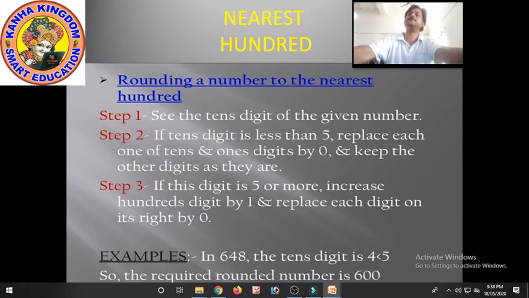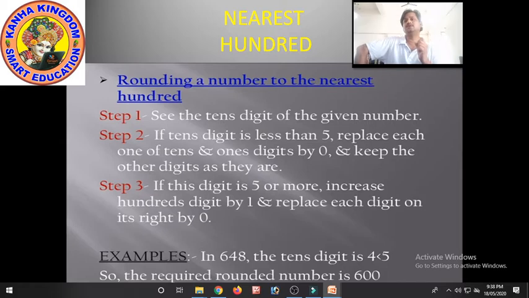So understand, if the tens digit is less than 5, maybe if the tens digit is 0, doesn't matter, you just round off the tens digit and ones digit to 0 and the rest of the number stays the same.